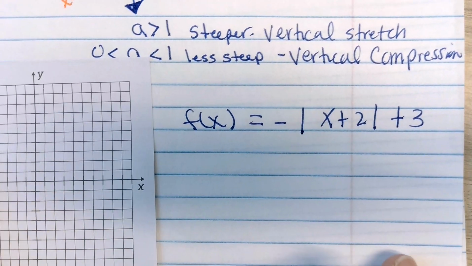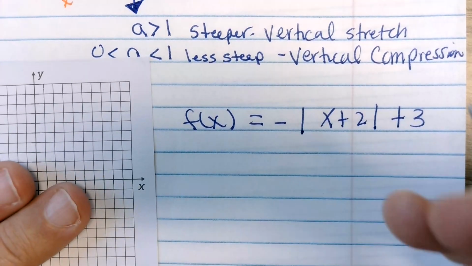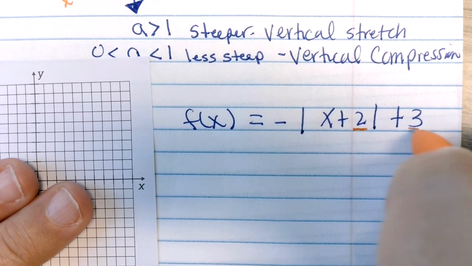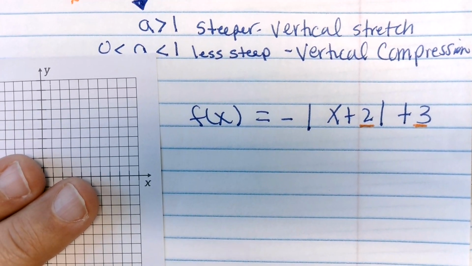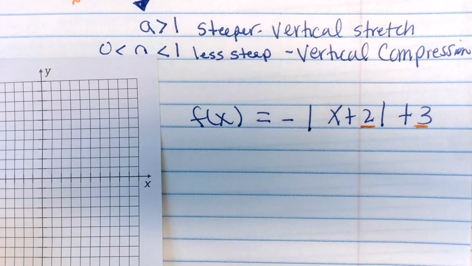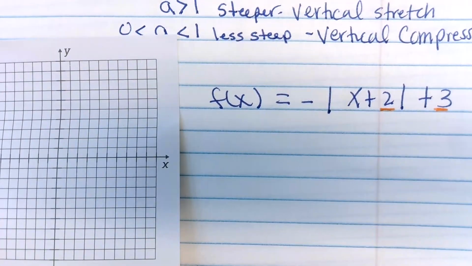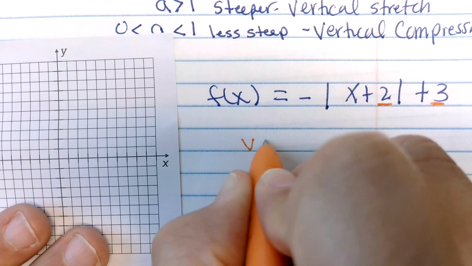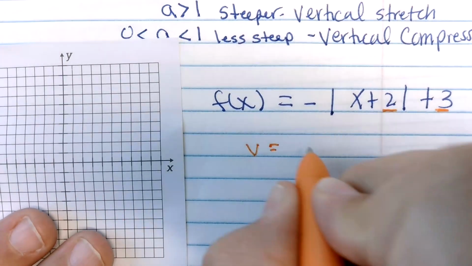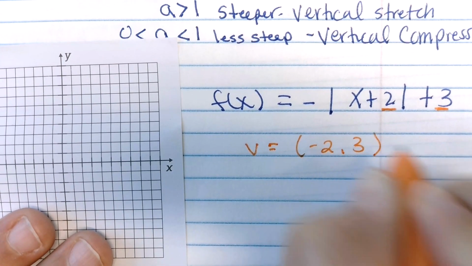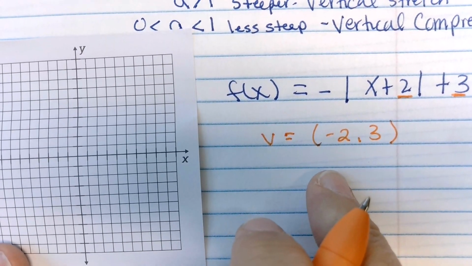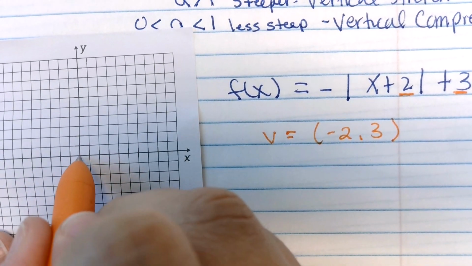Now if you're doing the table method, here's your vertex right here. Negative 2, positive 3. So you would put that in the middle, find 2 numbers before and 2 numbers after. But we're going to do transformation method, which actually helps us so we know the vertex is at negative 2, positive 3. So I'm going to put a point at negative 2, positive 3.